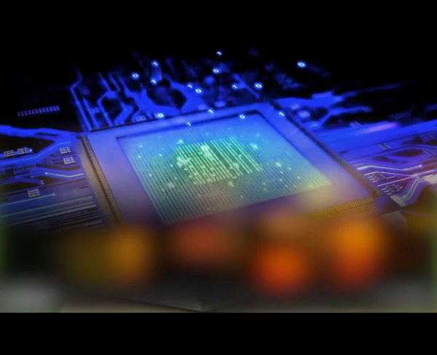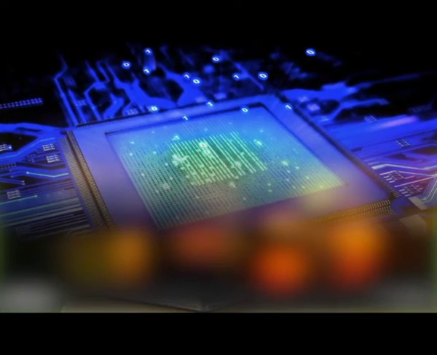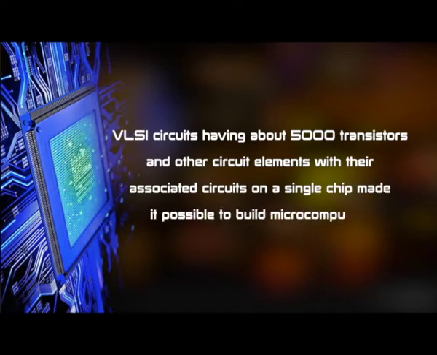Computers of the fourth generation used very large scale integrated circuits. VLSI circuits having about 5000 transistors and other circuit elements with their associated circuitry on a single chip made it possible to build microcomputers of the fourth generation.